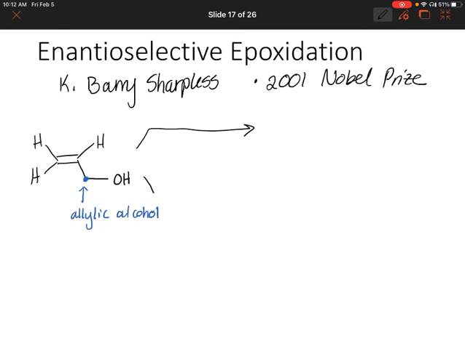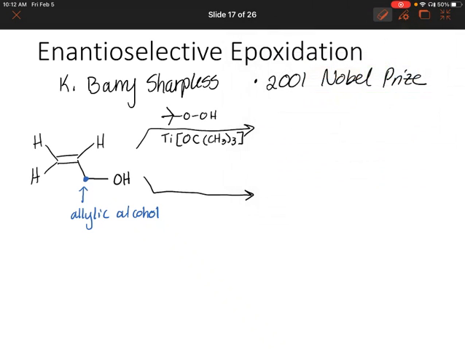But basically, what you can do is use a peroxide, and then you're going to also use something called titanium tetraisopropoxide. So don't worry too much about these reagents and their names, but basically you have an OC-CH3 group, 4 of those, excuse me.